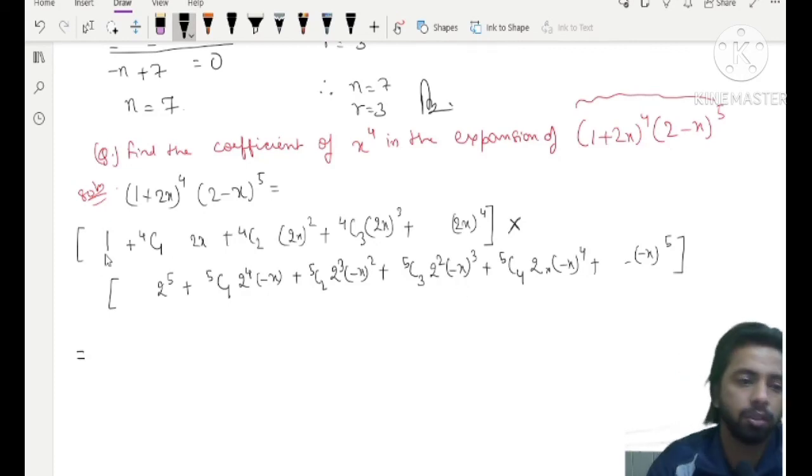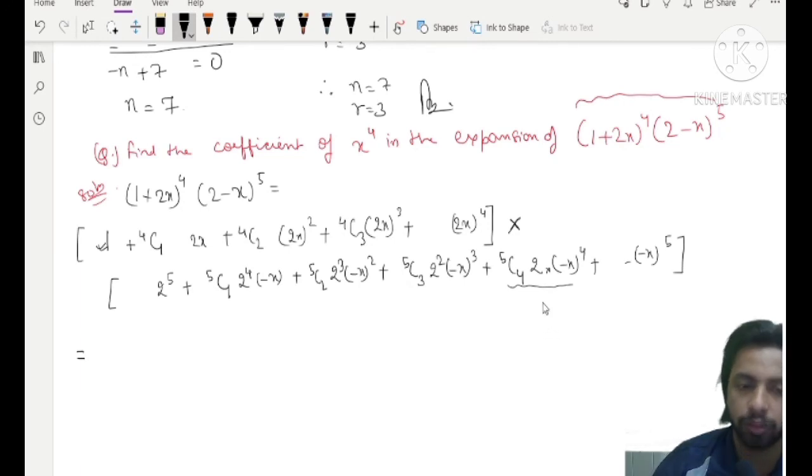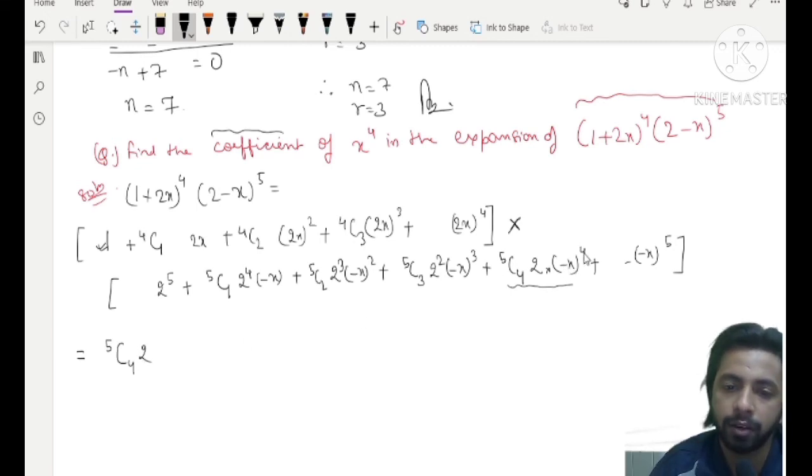So if we multiply the first term here, 1, with x to the power 4 in the second bracket, we will obtain x to the power 4. So that is one possibility. So 1 into 5c4, just go on writing the coefficient because that is only asked. So 5c4 into 2, since negative x to the power 4 will be equal to positive x to the power 4 only.